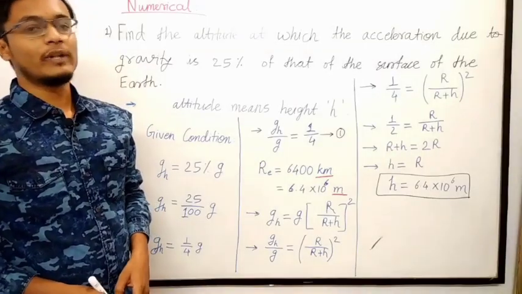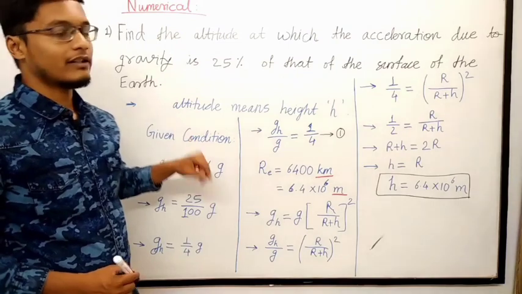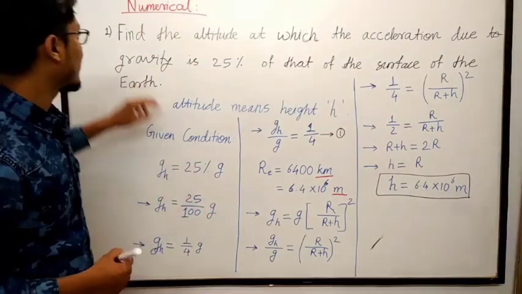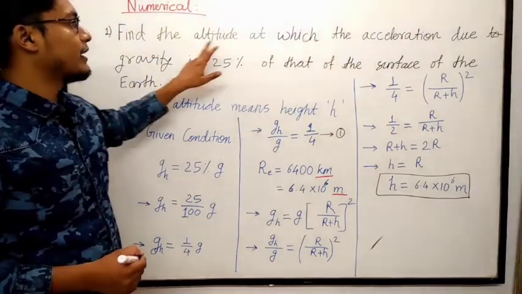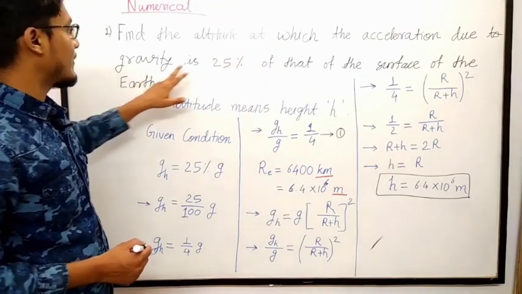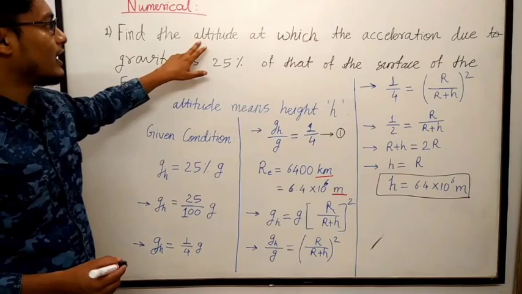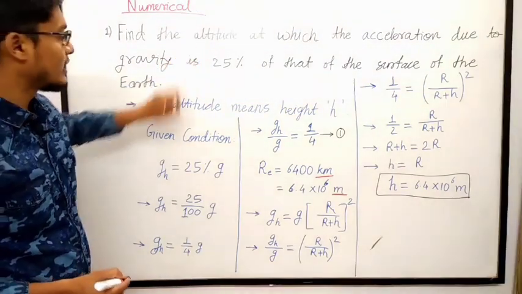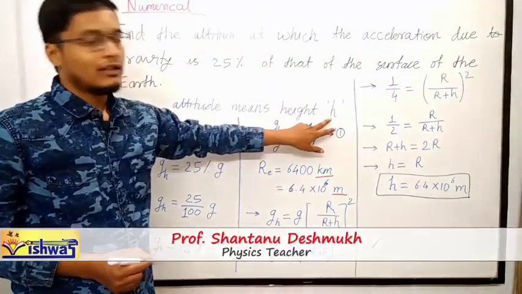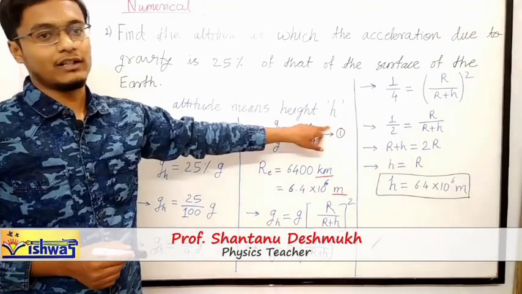Now we will see the numerical based on the change in acceleration due to gravity at height h. Here we have a problem. Find the altitude at which the acceleration due to gravity is 25% of that at the surface of the earth. Here we can think what is meant by altitude. Altitude means height, which we have seen in our expression.